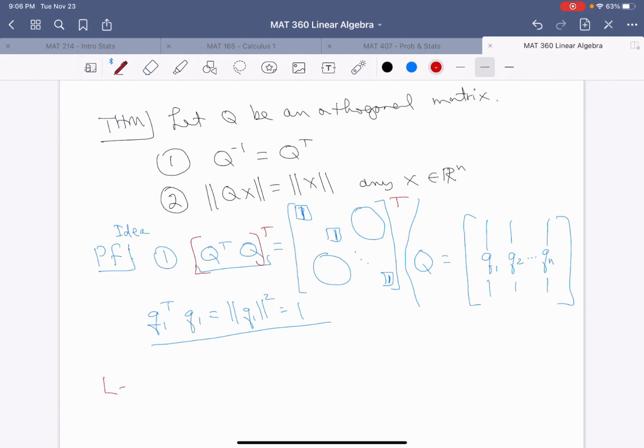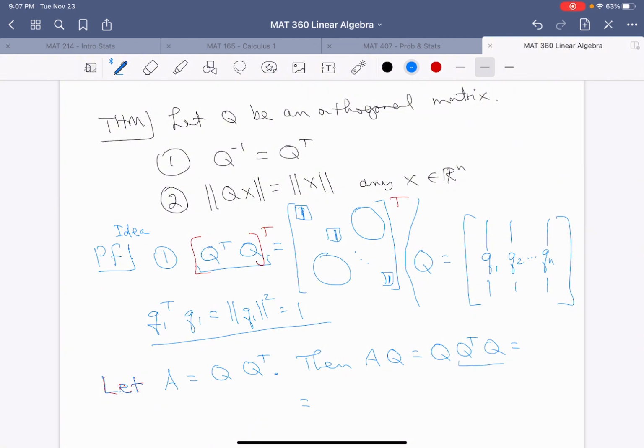Let me go back to the other color. Let's let the matrix A be Q times Q transpose. Then A times Q would be Q times Q transpose times Q. And that's equal to, let me just stick with this.